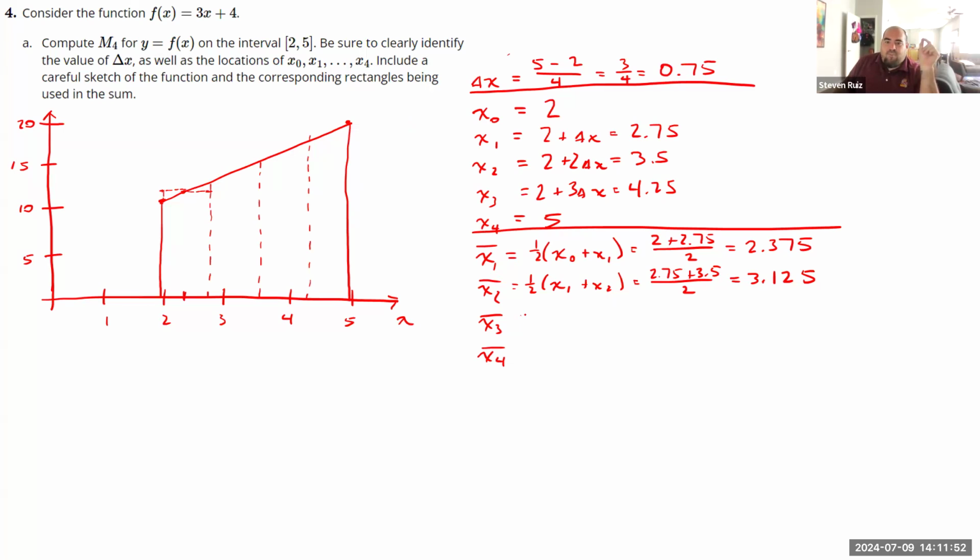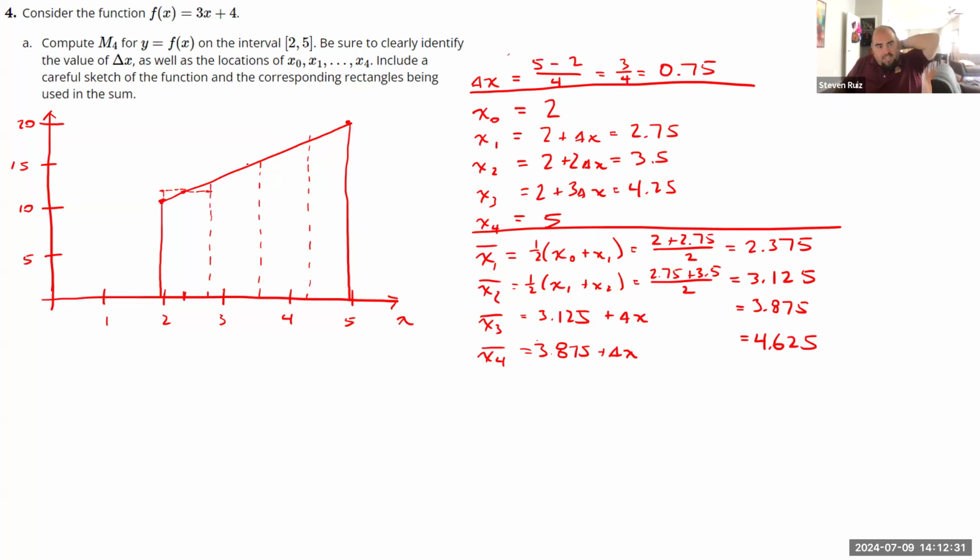I'm going to use that information to find these next two values. 3.125 plus delta x equals 3.875. And then 3.875 plus 0.75 is 4.625. So these are my sample values.